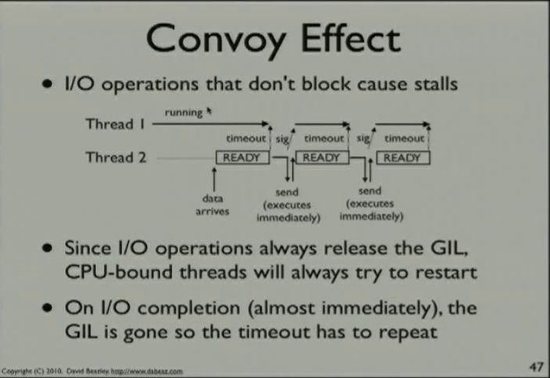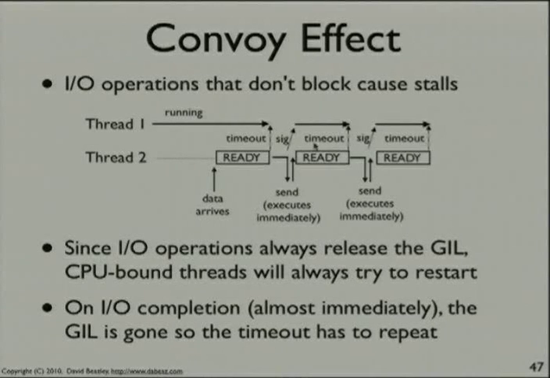When you do a write, there's some write buffer that can immediately hold it. Same thing if you're reading from a file that might already be in the disk cache. So you'll do some I/O, give up the GIL, and that I/O operation will just run immediately. Then you'll come back and want to run again.